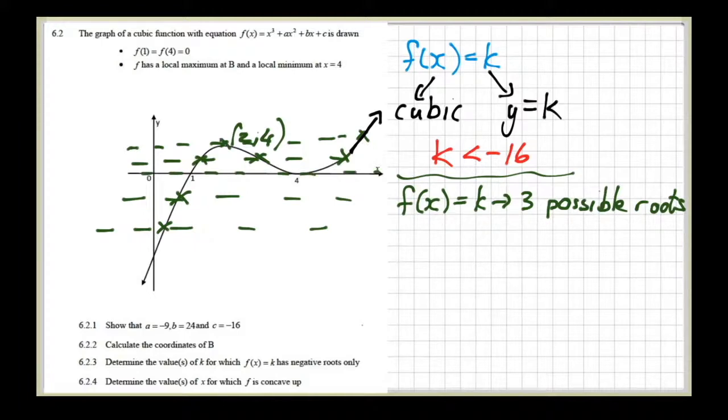So in other words, for the 2 graphs to intersect 3 times, the desired K value has to lie somewhere in that green colored in region, which is between 0 and 4. Then my answer would be for K between 0 and 4. Now, I don't want to include 0 or 4, because remember, if K is 0, there are 2 intersections. If K is 4, then there will be also 2 intersections.